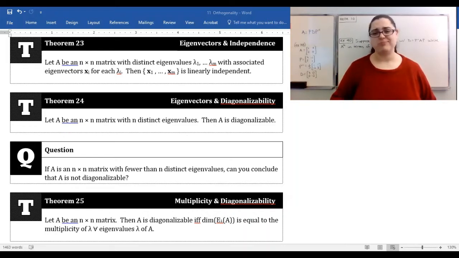Fewer than 2, nope, then it's no longer diagonalizable. So if you have a 5 by 5 matrix, and let's say you have 2 eigenvalues with multiplicity 1, and then you have 1 eigenvalue with multiplicity 3. So that 5 by 5 matrix will be diagonalizable if that eigenvalue that had multiplicity of 3 has 3 eigenvectors associated to it that are different. If not, then it's not going to be diagonalizable.